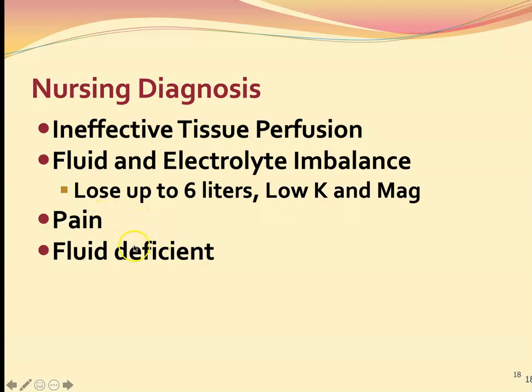And like I mentioned before on the other slide, these patients will be fluid deficient. So our priority diagnosis for these patients will be deficient fluid volume. And I repeat, fluid deficient.